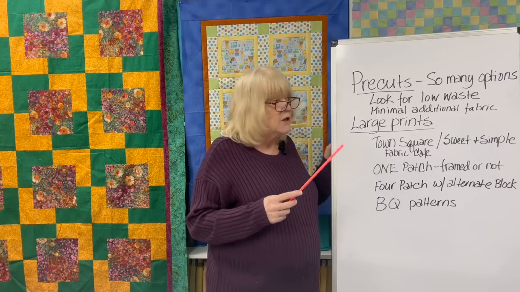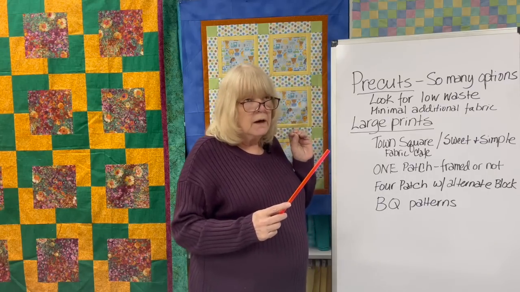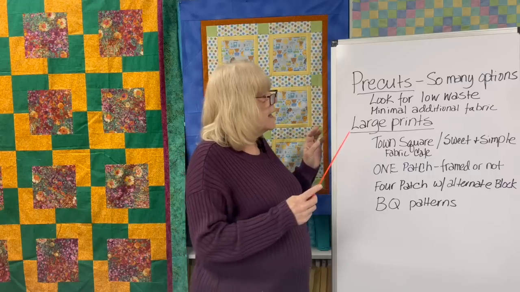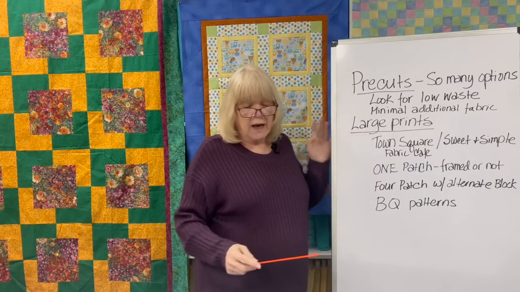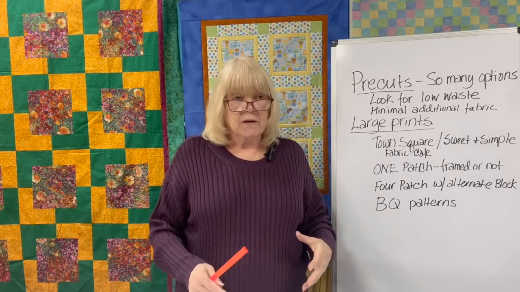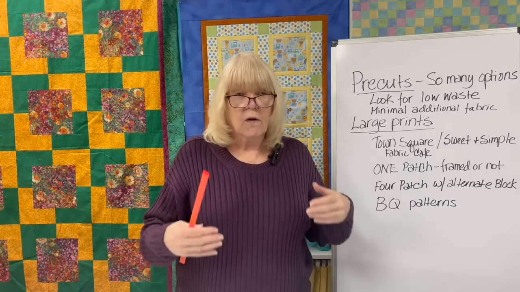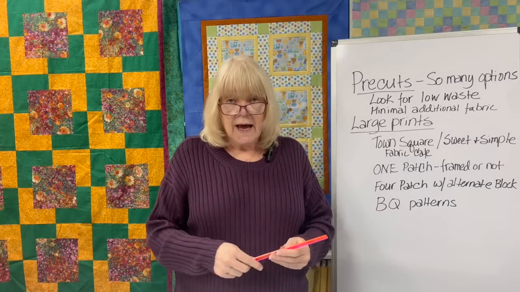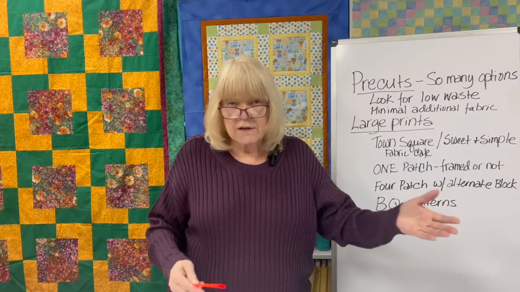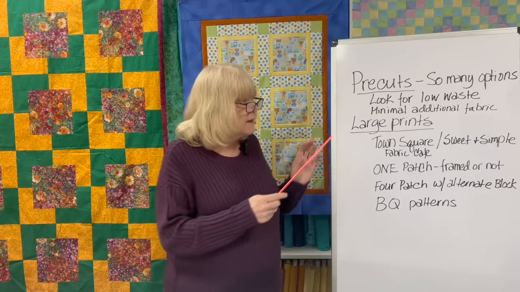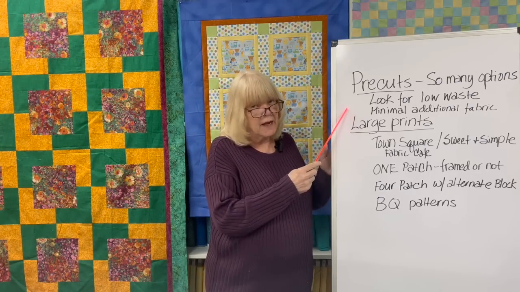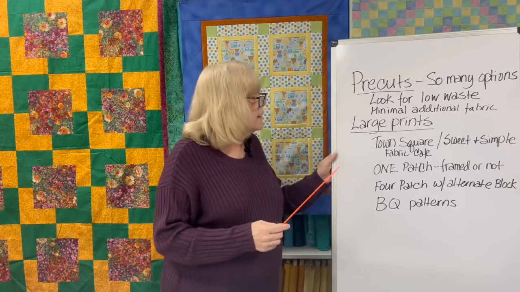Look for things that use the whole pre-cut. And I also always look for minimal additional fabric. I want to use something that's the layer cake or the jelly roll, not having to add 2.5 yards of some background fabric. So that's my suggestion on the precuts. And again, that's the easiest one.